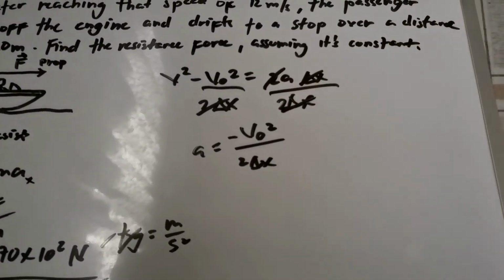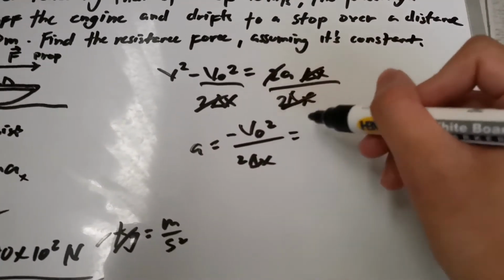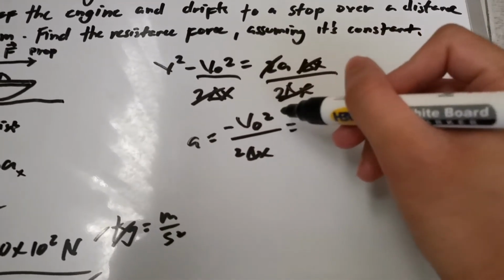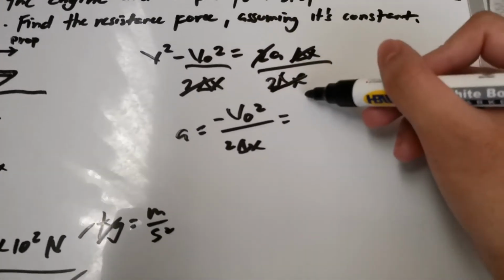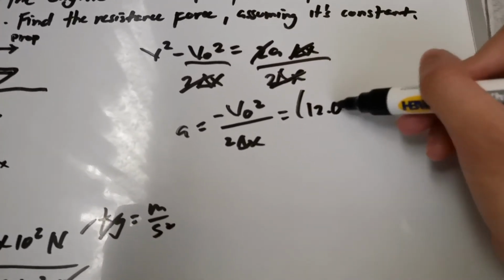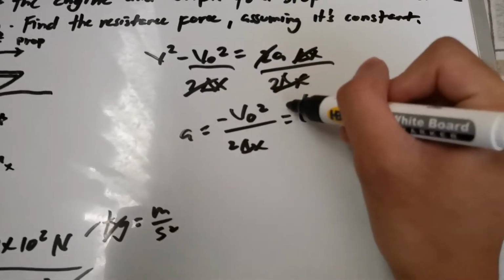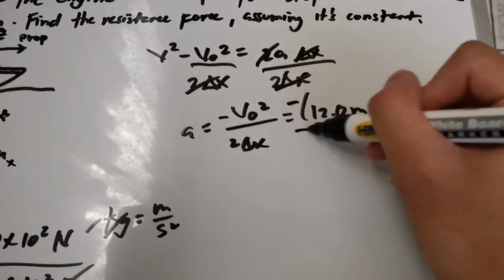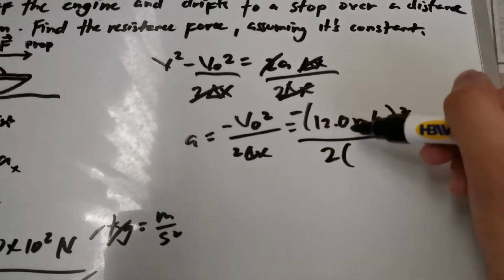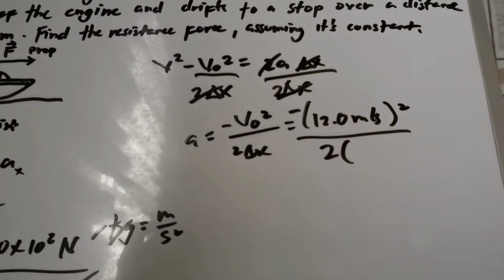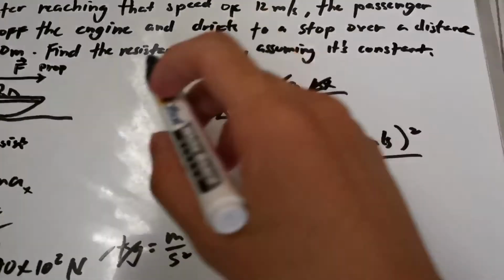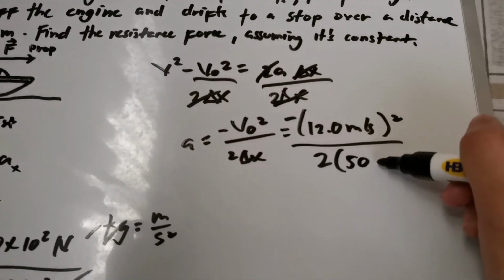The a is equal to negative 12 meters per second, squared, over 2 times 50 meters.